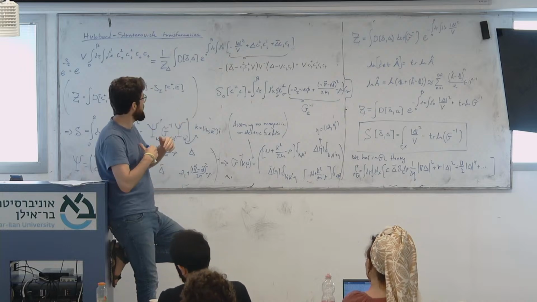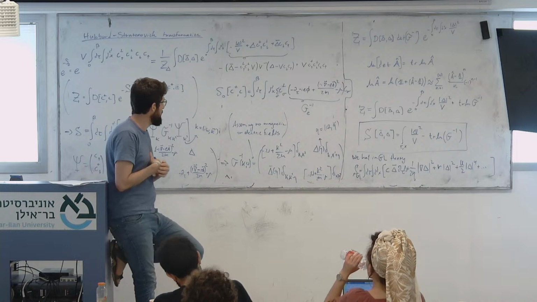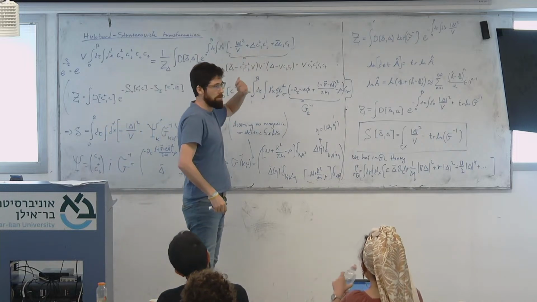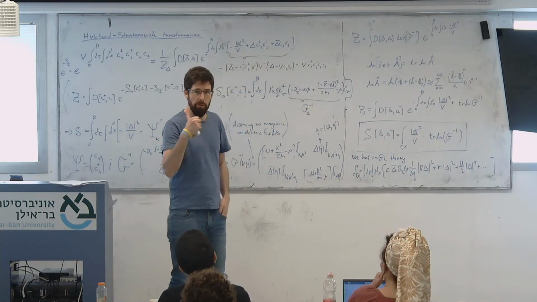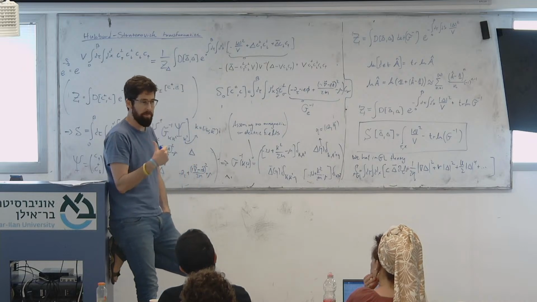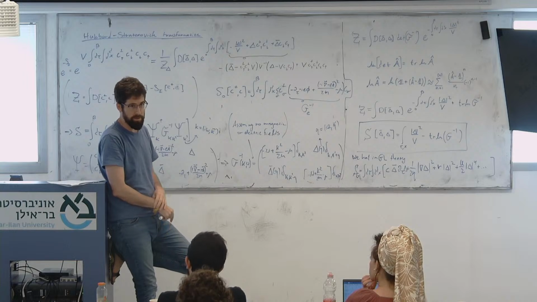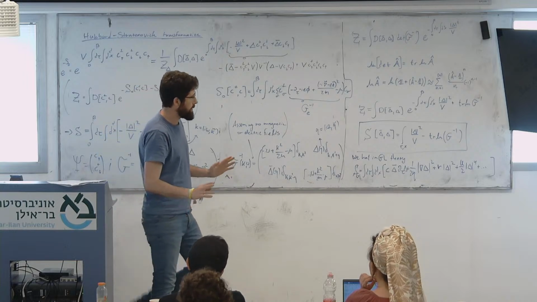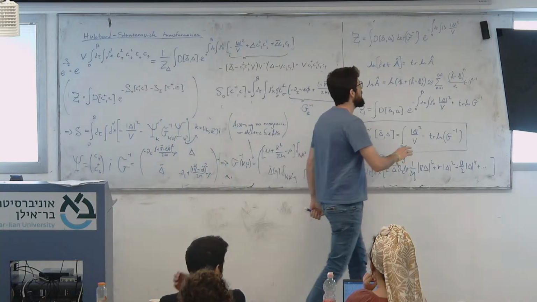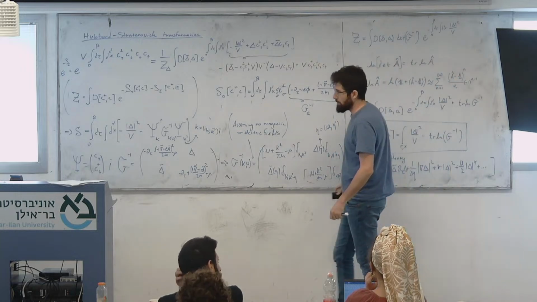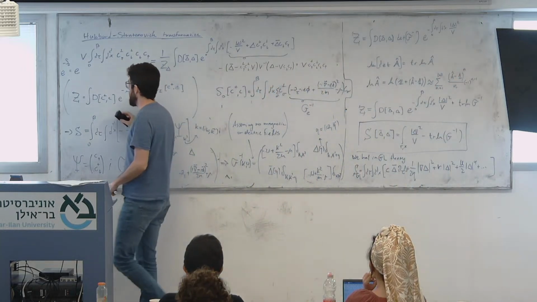Say instead of making a decoupling into the superconducting channel, I would do it in the density channel. How would I sum up all the fluctuations of the density channel in order to get the superconducting instability? That's, if you like, an open question. We don't know exactly how to do it, but I have some ideas.